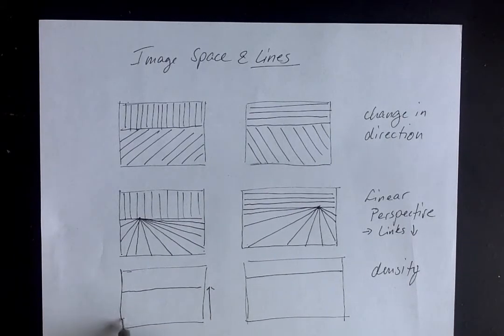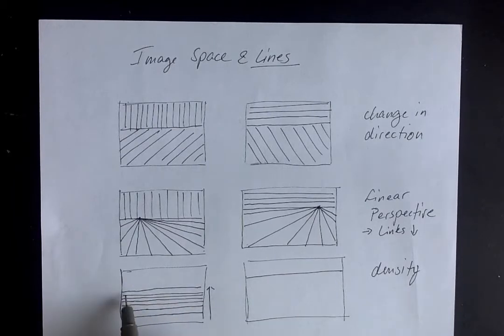So here in the front, your lines are spaced out much further, and then the closer you get to your horizon line, the denser they become.